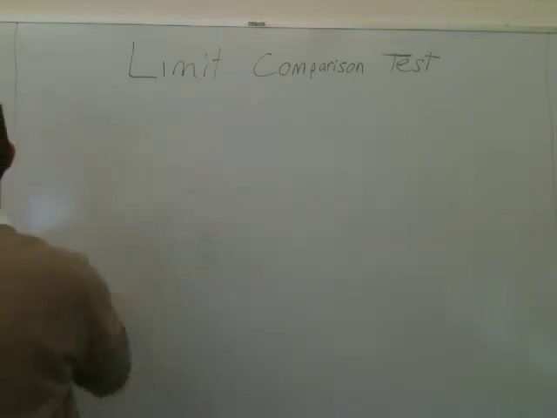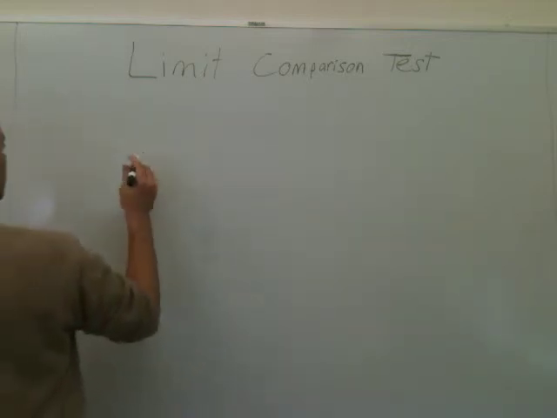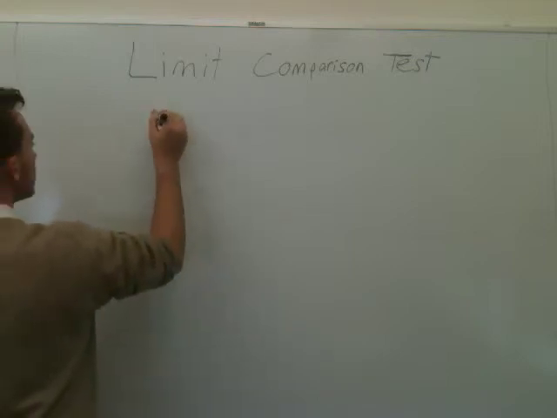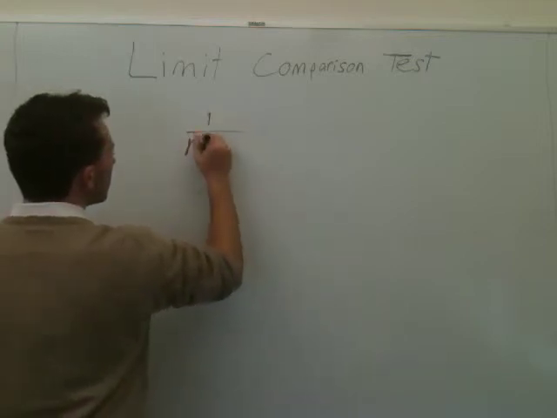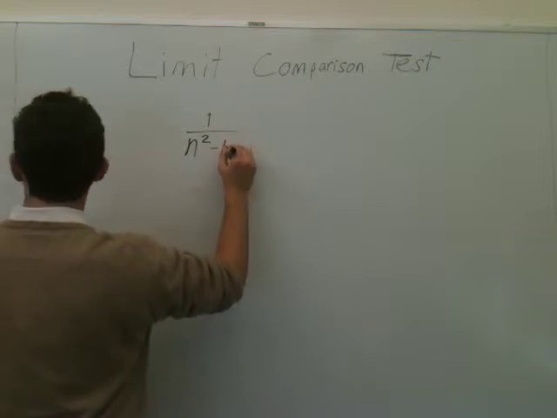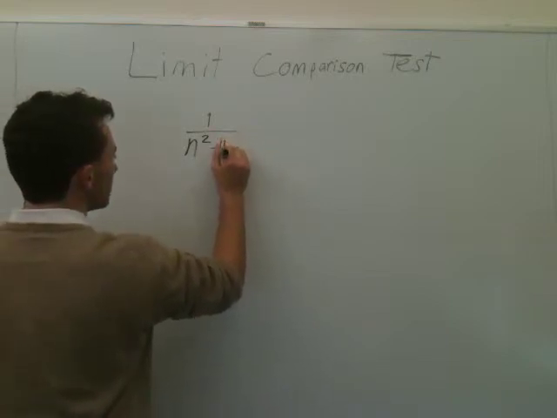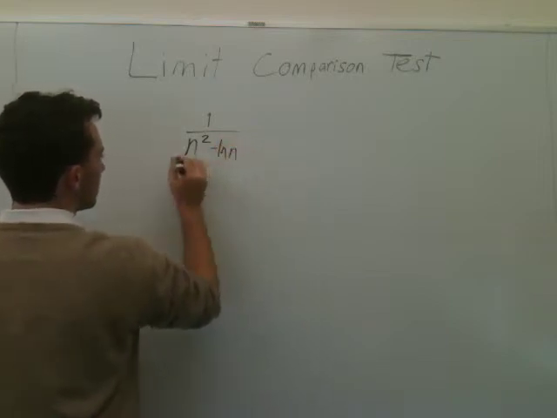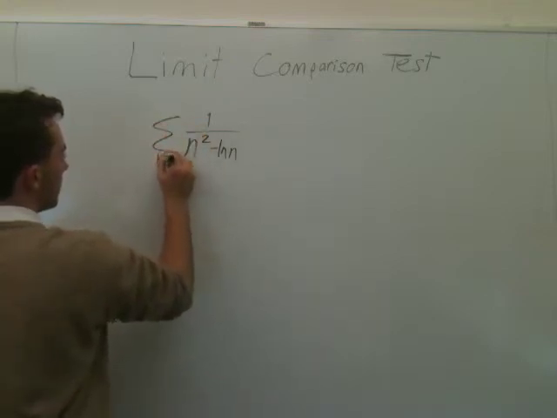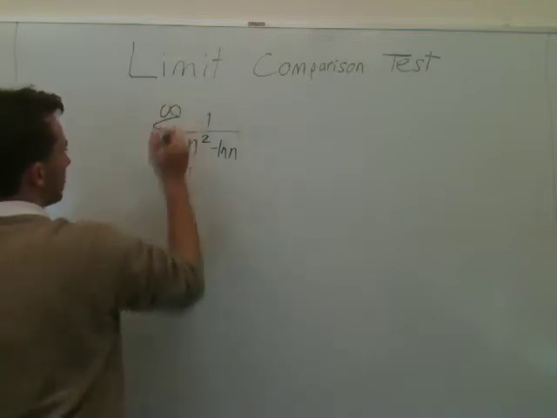Say you have the sum of 1 over n squared minus ln n, from n equals 2 to infinity.